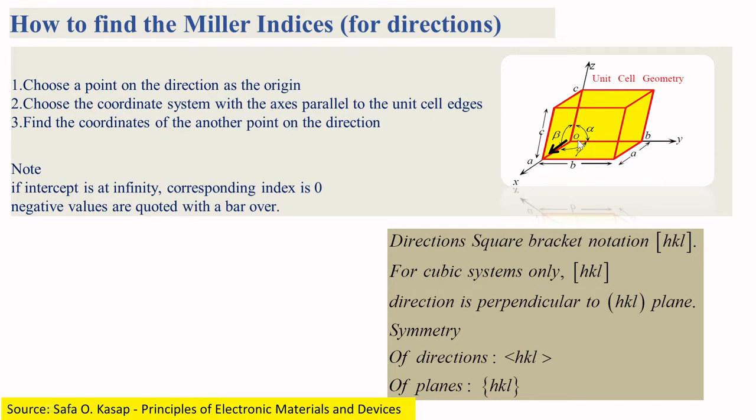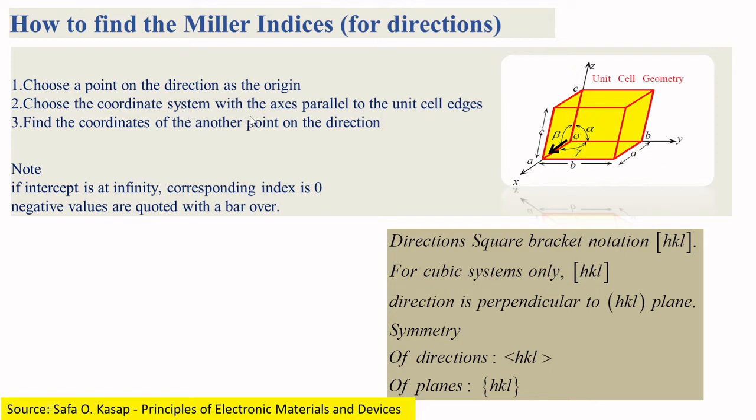That means first, choose a point on the direction as origin. So this is the direction, and I want to choose this as the origin. From that position only I want to put the direction. So this is my direction which I was interested to find, right? Here I have given the origin 0.